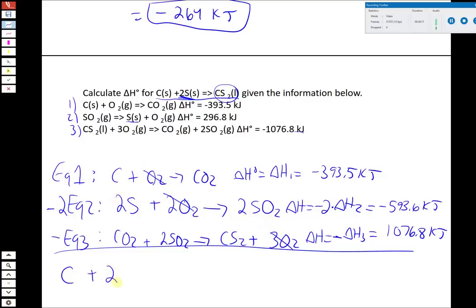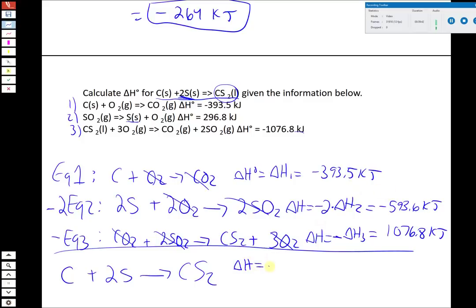We have 2 sulfurs that don't cancel with anything. CO2 is a reactant, but it's going to cancel with this CO2 that's a product over here. And then we have 2 SO2s on the reactant side, but they're going to cancel with 2 SO2s on the product side from that equation. So everything else on the reactant side cancels out except for those two, and on the product side all that's left is CS2.